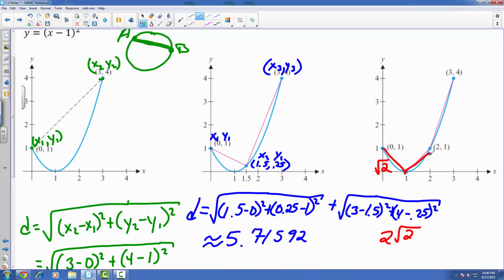This one also comes out to be root 2. And this distance right here comes out to be root 10. So you would end up with 2 root 2, because there are 2 secants that have that same distance, plus the square root of 10, giving you a grand total of roughly 5.99070.